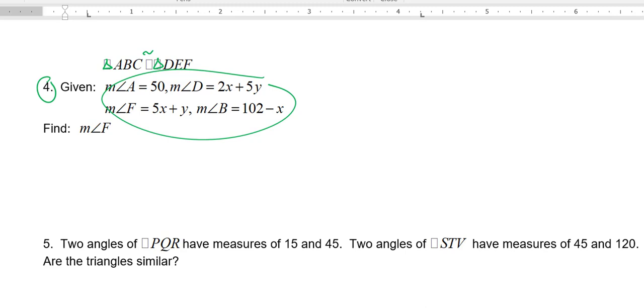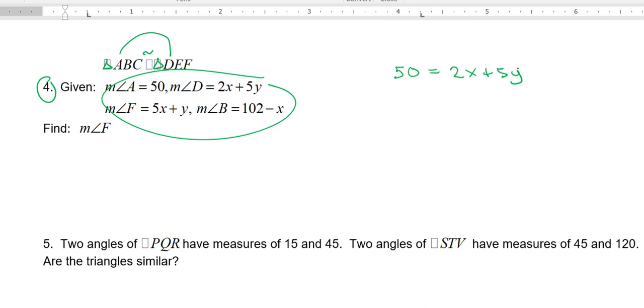So I can definitely say that the measure of angle A, 50, is going to be equal to the measure of angle D, right? Because those are corresponding angles. So 2x plus 5y. There's one equation.